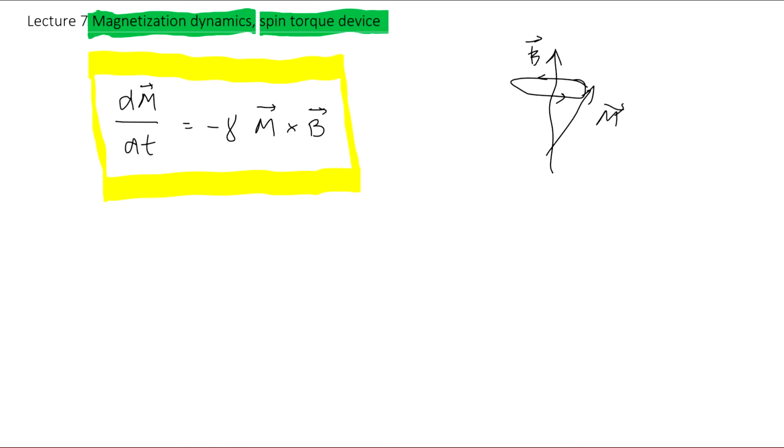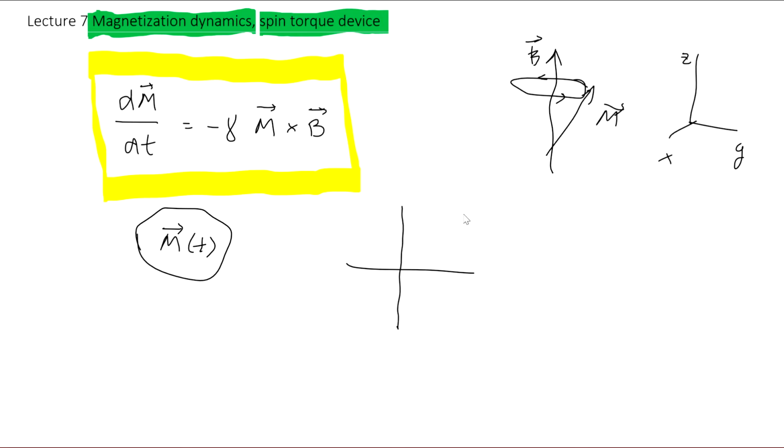If you solve this equation for m as a vector, that solution m as a function of time, you should get precession. So if this is our coordinate axis, this is z, x, y, then if you look at this magnetic moment in x, y plane, so z points upward, this is like looking from the top in the field, then you will see that it precesses.